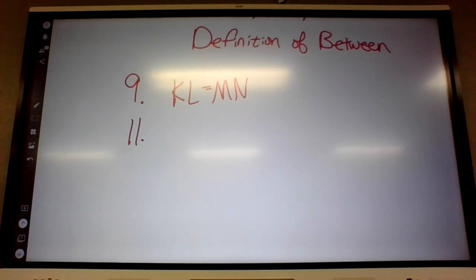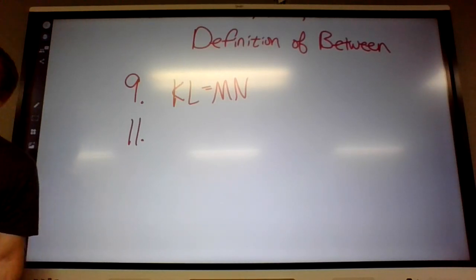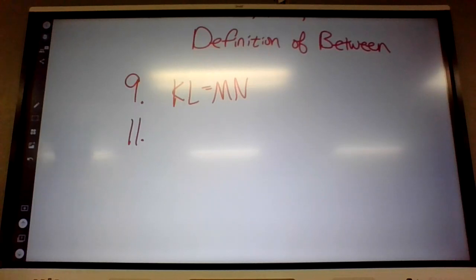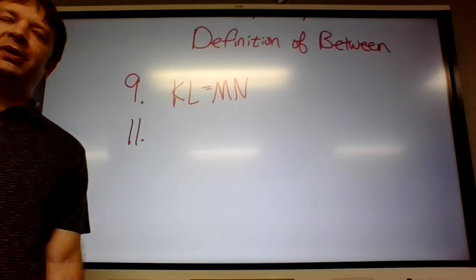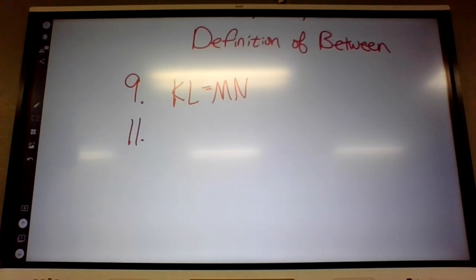Number 11. If RS plus ST equals RT, then what is true by the definition of between? The two little segments only add up to the big segment when S is right between those 2 points.